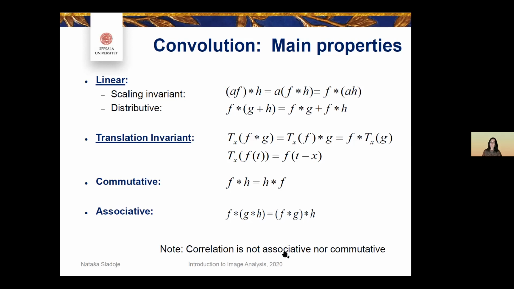For example, it is not associative and is not commutative. And that is quite important when further developing the theory, filtering theory, and actually focusing on convolution as the operation which is involved in the definitions of how linear filtering is performed.